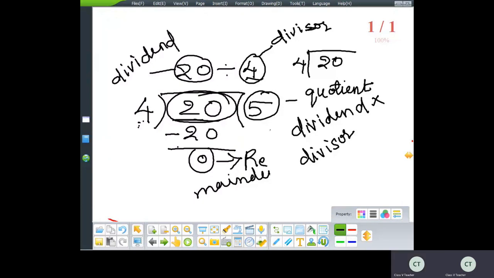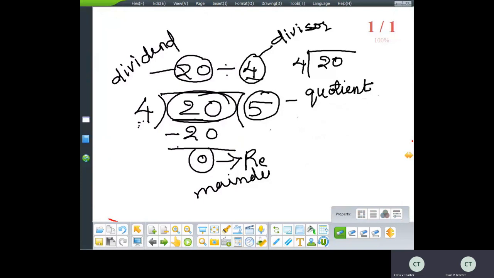You have to remember the formula. Yes, children? Firstly, today you just understand what the quotient, dividend, divisor, and remainder are.